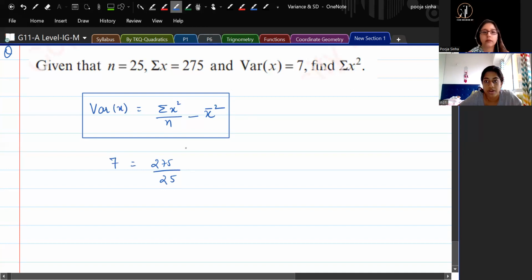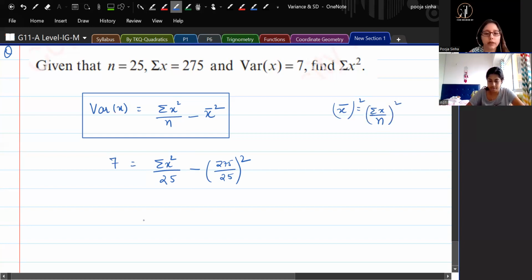Ma'am, wrong. So it'll be summation. If you're going to put in the formula, it'll be variance equal to summation x square divided by 25 minus bracket open 275 divided by 25, the whole square. Very good, because x bar is sigma x upon n. So x bar ka square would be this.